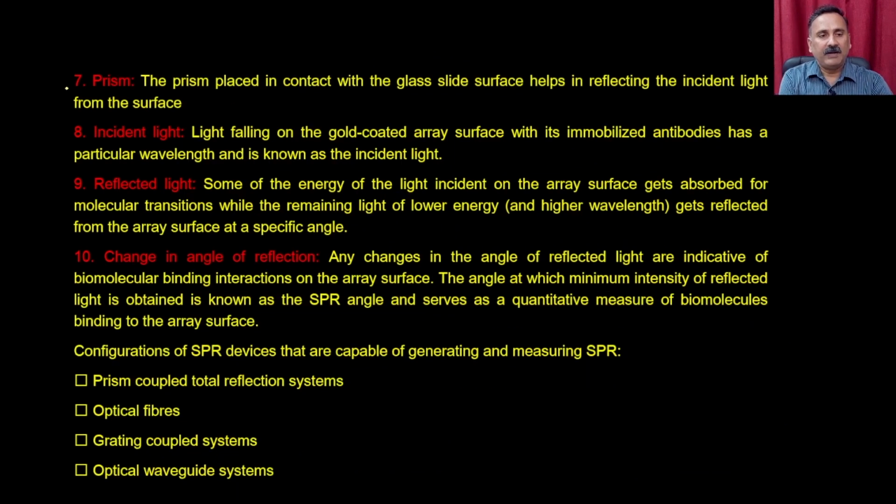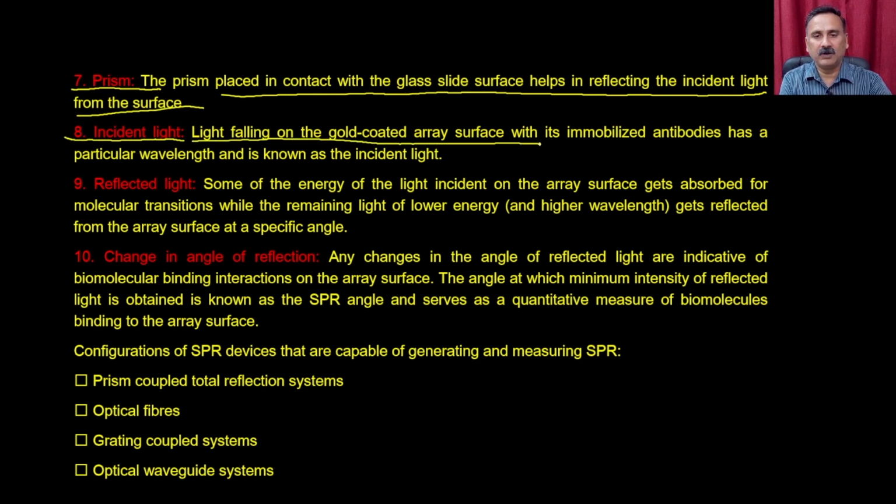Then we also require a prism. The prism, placed in contact with the glass slide surface, helps in reflecting the incident light from the surface. Then you also require the light source, the incident light. Light falling on the gold coated array surface with its immobilized antibody has a particular wavelength and is known as the incident light. Then you also require the reflected light.